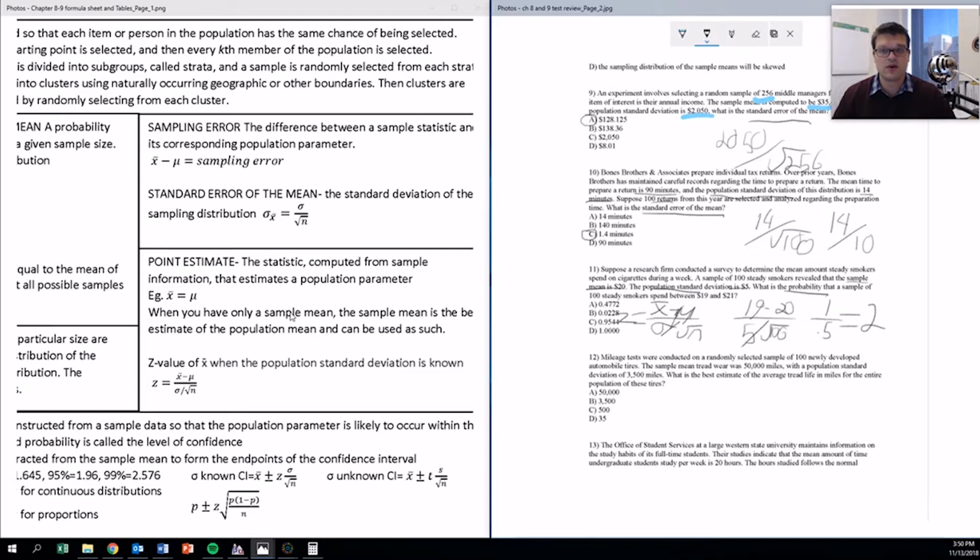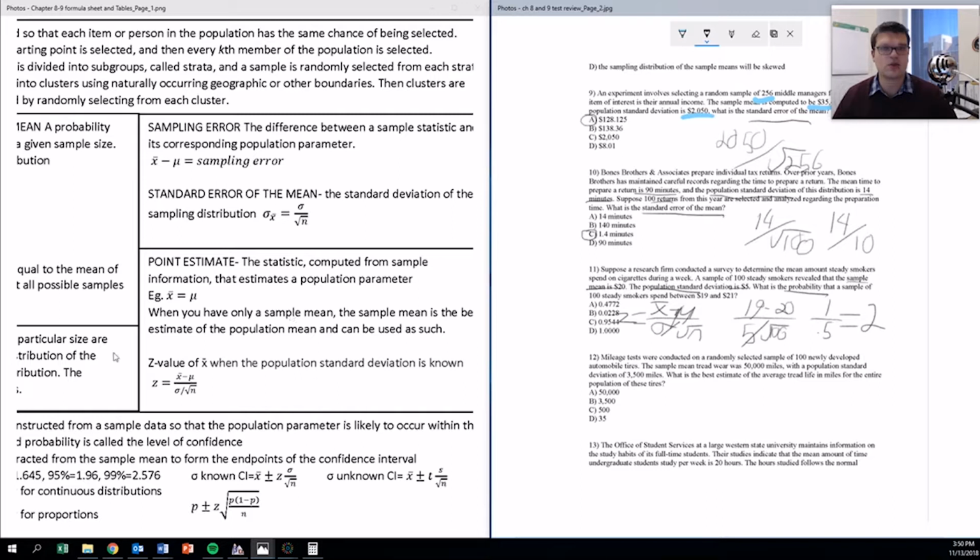The z-score for 19 with a mean of 20. So if you want to know what is the probability, based on this sample, of an individual spending between $19 and $21? Well, we just calculated the z-score based on this sample of an individual spending $19.